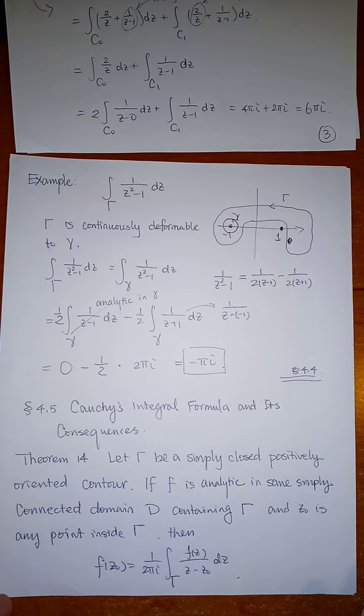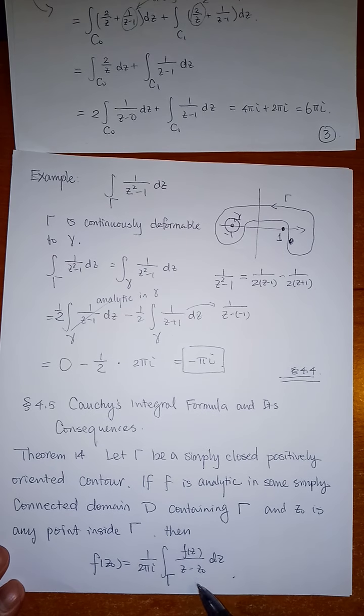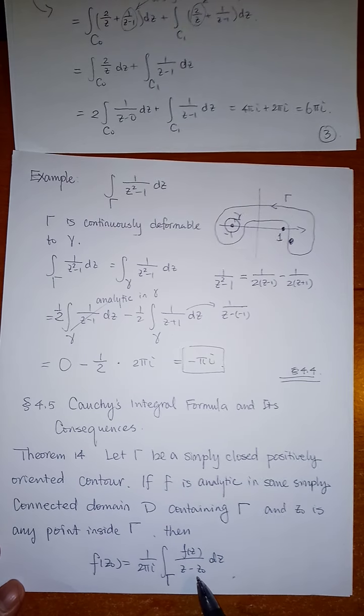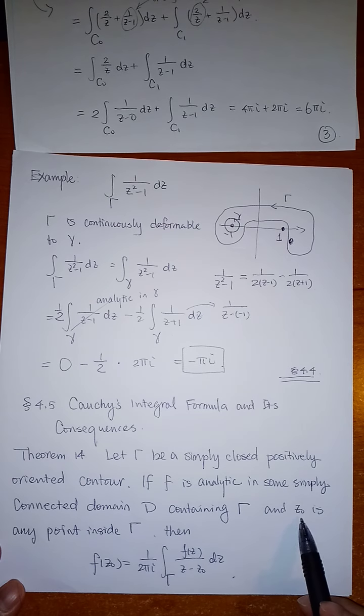Okay, so the analytic function can be written as an integral with this special form of a function. First of all, this function is not analytic over the interior part of gamma, because z cannot be z0. We already said that z0 is any point inside the disk, so this function is not analytic inside.